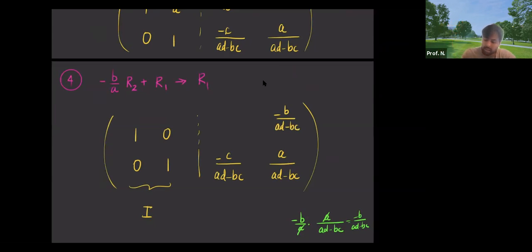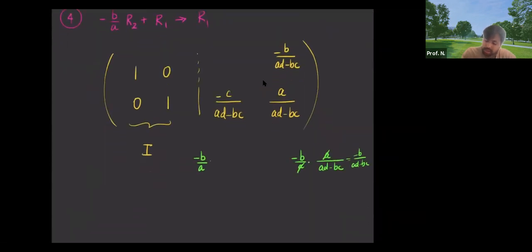Now let's look at the same thing with this guy. I multiply negative B over A multiplied by, so this step here is going to be a little bit more complicated. So I'm multiplying negative B over A multiplied by negative C over AD minus BC, right? And then I'm adding it to what?